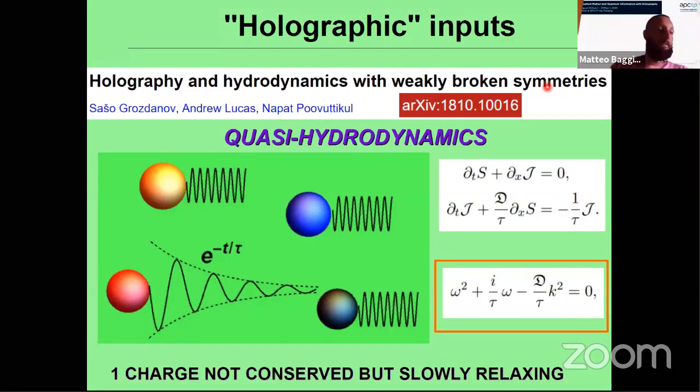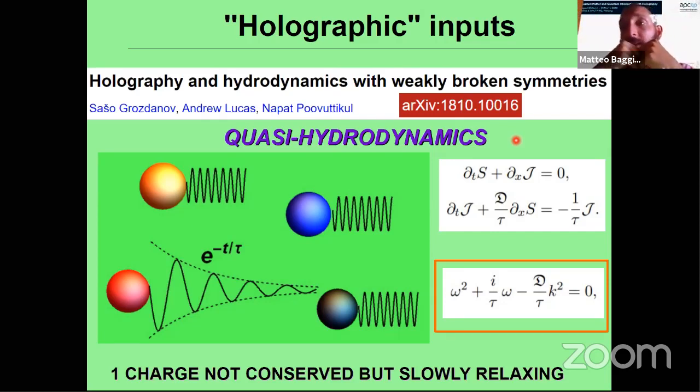So yeah, the next step is to try to find out what is the real motivation behind this behavior. And there was a very nice paper by some known people in the literature, which states the following. Hydrodynamics, by definition, is usually the theory of conserved quantities. So you have a bunch of conserved quantities, and hydrodynamics is just the dynamical evolution of these.